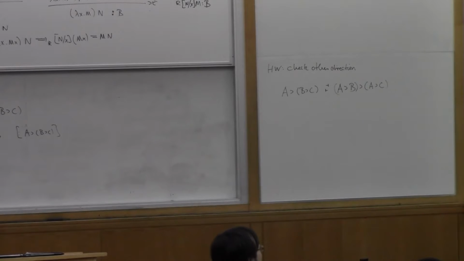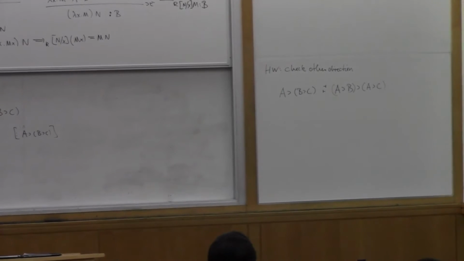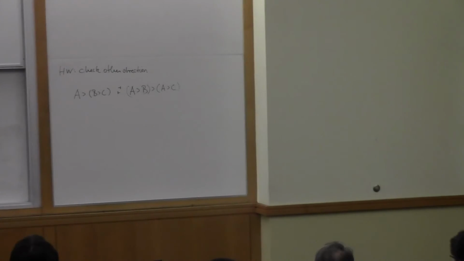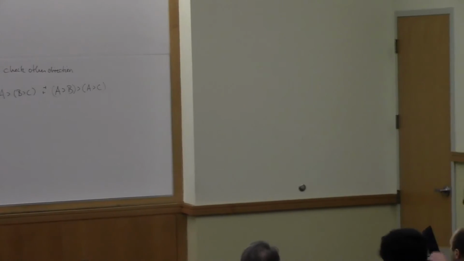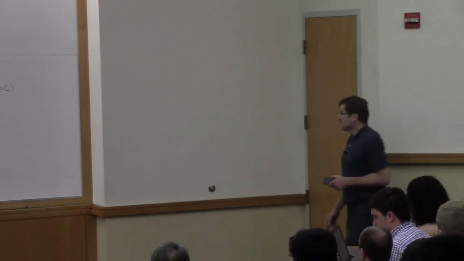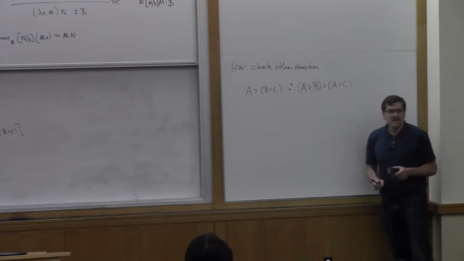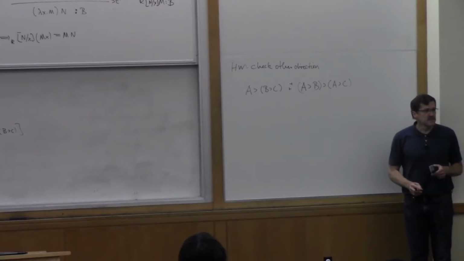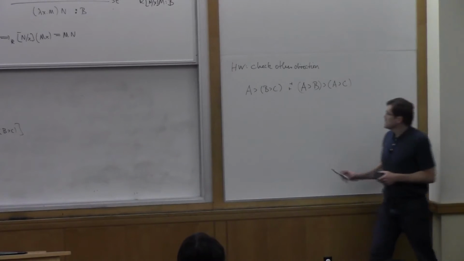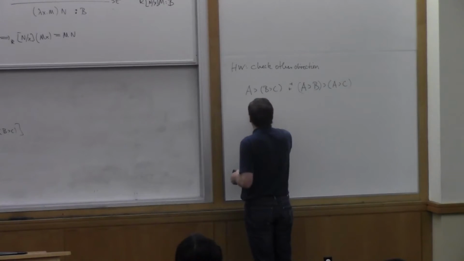Did anybody find out? Are they equivalent or not? Anybody got that far? Yeah, they're equivalent in both directions. So you can prove this thing in both directions. So there's a distributivity law of implication over implication. Maybe somewhat surprising, but yes, there it is. So is this an isomorphism?